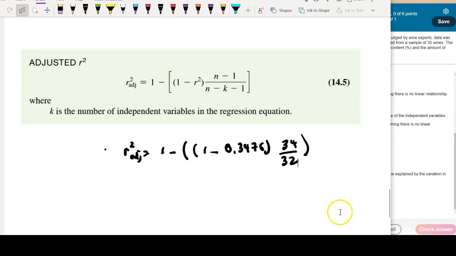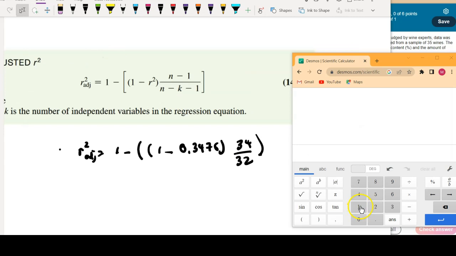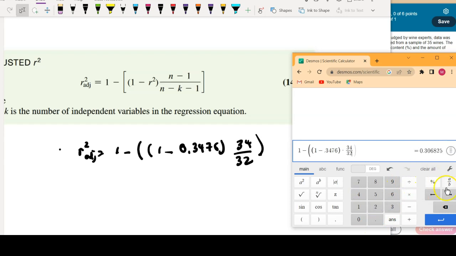For this one, we can just use a calculator. Okay, so we're going to plug it in: 1 minus, open parentheses twice, 1 minus 0.3476, close the parentheses once, and this is times 34 divided by 32, and then close the parentheses.